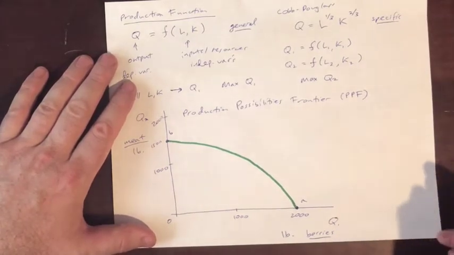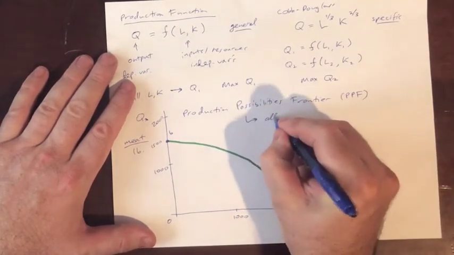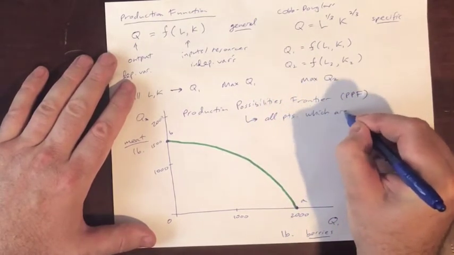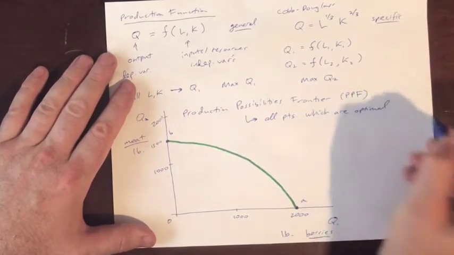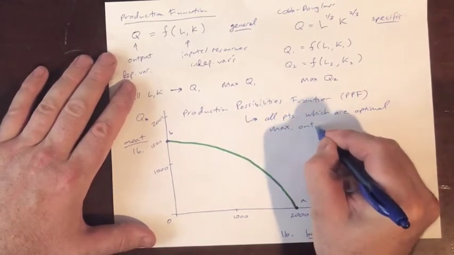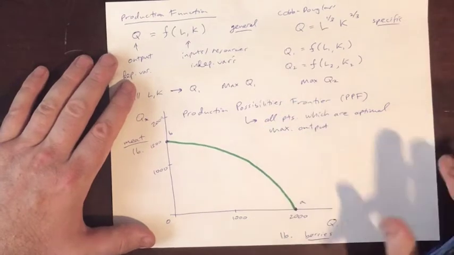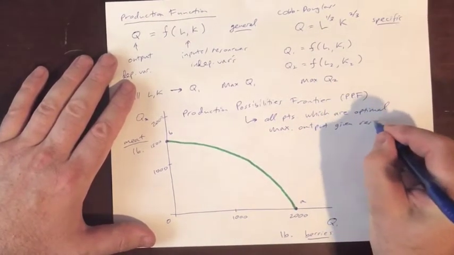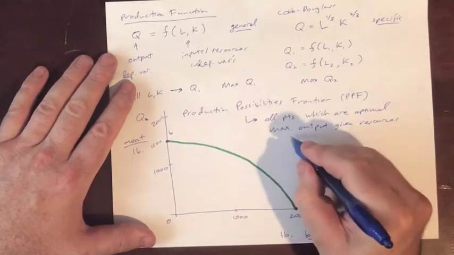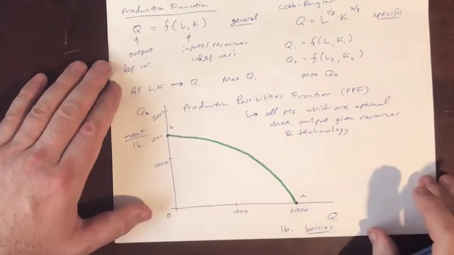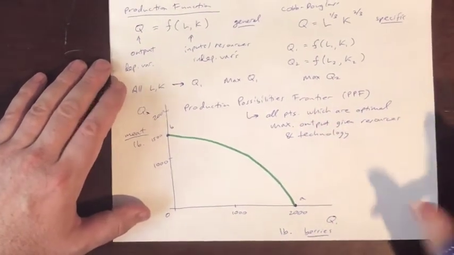Again, what does it represent? It represents all the points which are optimal, in the sense that we have produced the maximum amount of output that we can, given our two things, our resources and our technology.